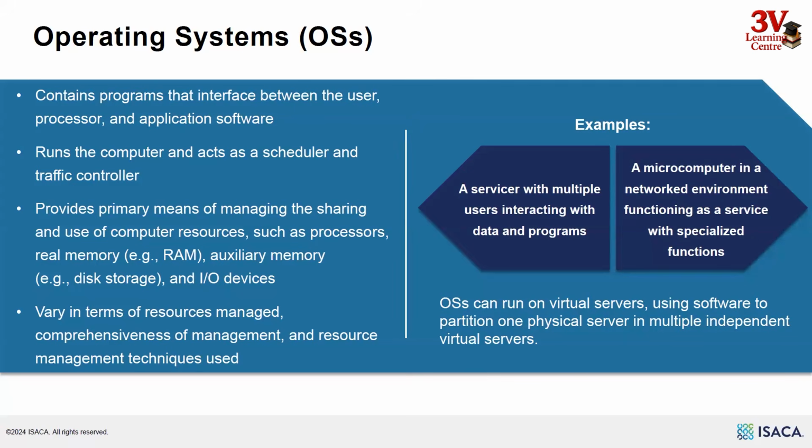Your OS runs the computer, acts as a scheduler and traffic controller. We've heard of the word multitasking, that you can do a lot of things at the same time. But in reality, what the OS does is time-split management.